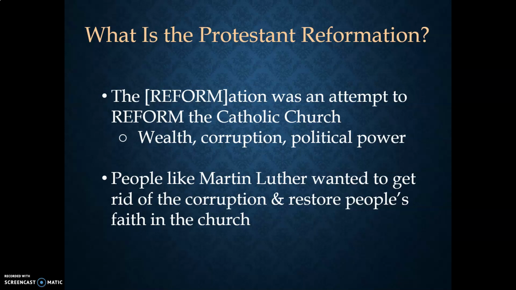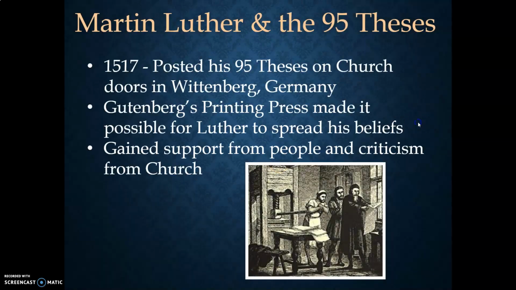So people like Martin Luther, who we'll talk about later, and others, at first try to change the church's ways. So what Martin Luther tries to do is he writes 95 theses, or complaints, about the Roman Catholic Church, and he posts them on the church doors in Wittenberg, Germany.